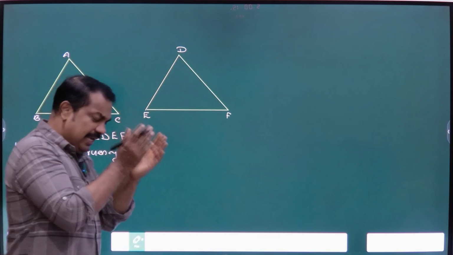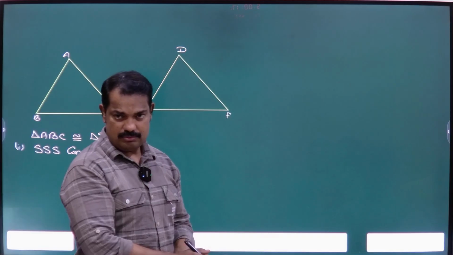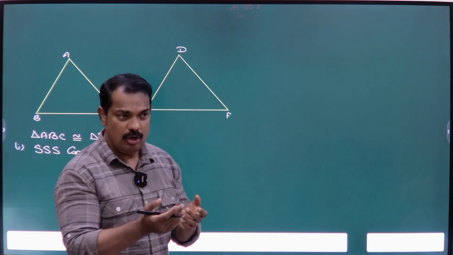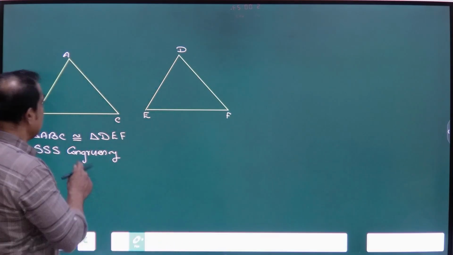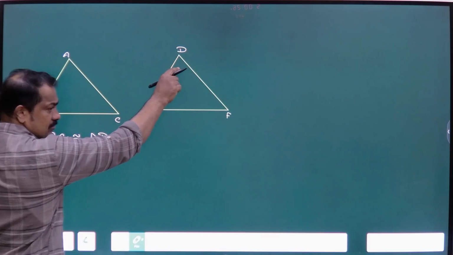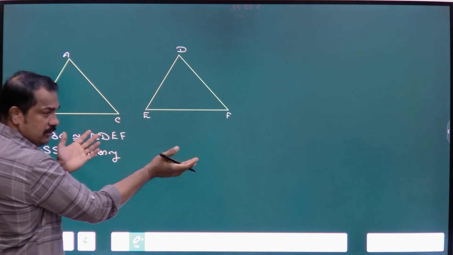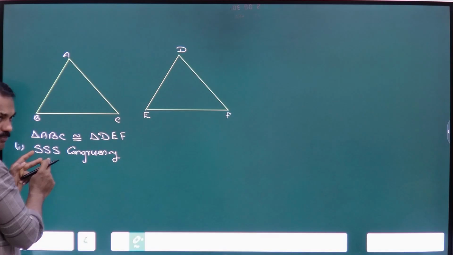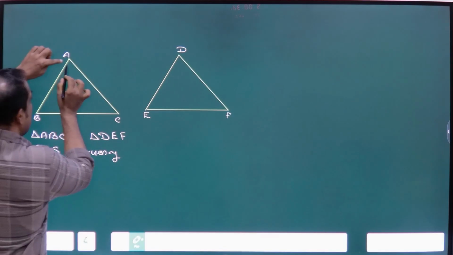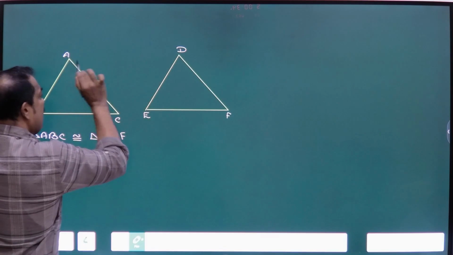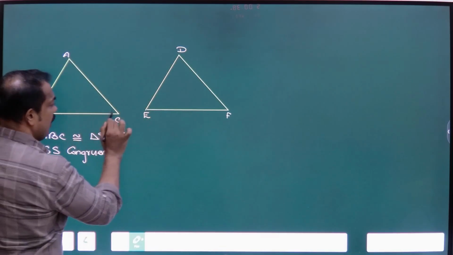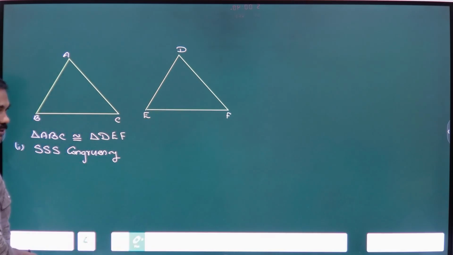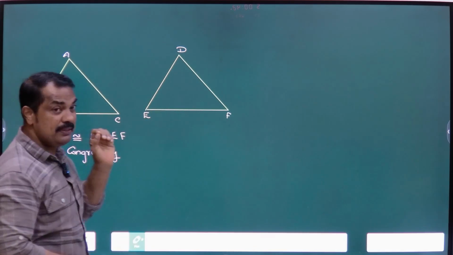If two triangles are congruent, then the remaining parts are also equal. What are the remaining parts here? Three sides are already equal. Remaining parts are angle A and angle D. So angle A is equal to angle D, angle B equal to angle E, angle C equal to angle F by CPCT.